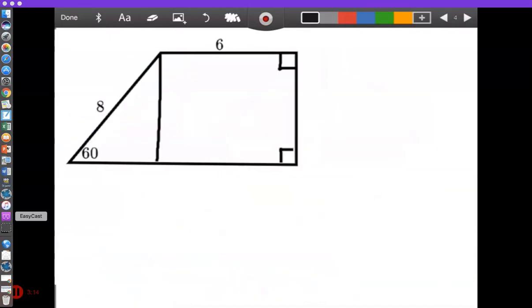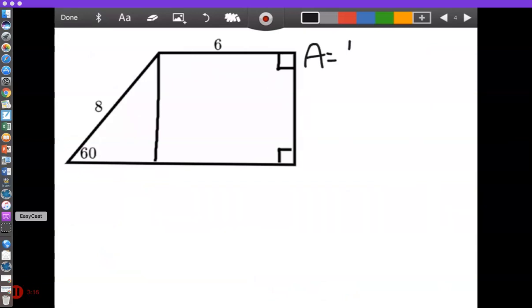Same thing. The area of this trapezoid is 1/2 the height times the bases added together. I think this one ended up being 6 again. I put a 6 up top for both of them. That's all right. If there's a 6 up top, I know that a 6 can be on the bottom. So I can call this one base 1.